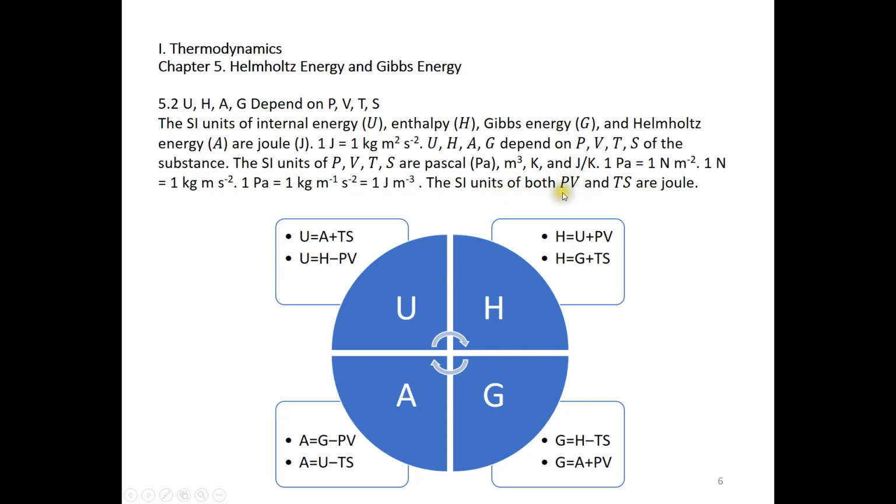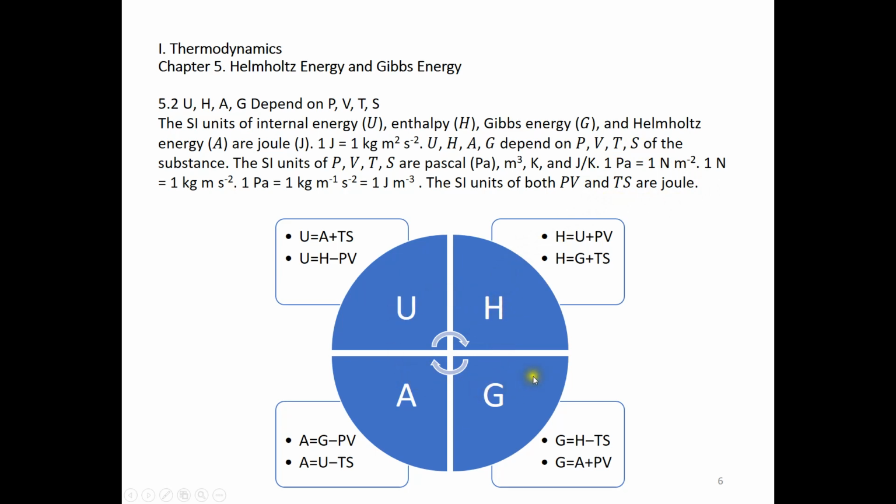Therefore, the SI unit of PV is joule. Same for TS. The product of temperature and entropy should be in the unit of energy, and the SI unit of the product TS is also joule.